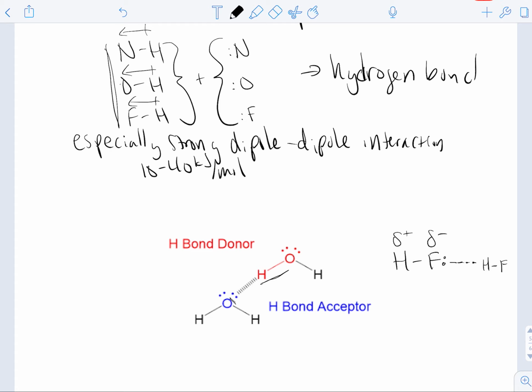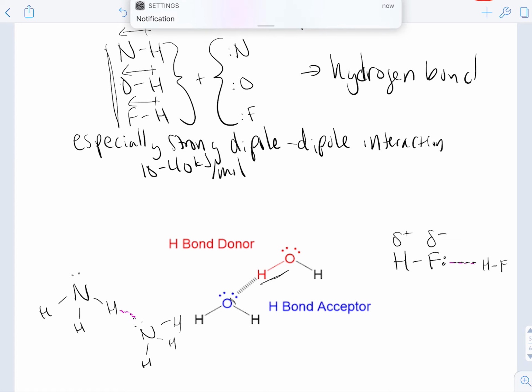And then our weakest would be a nitrogen hydrogen, right? And it's because our nitrogen is the least electronegative, our fluorine is the most electronegative.